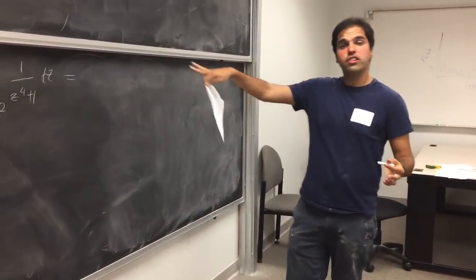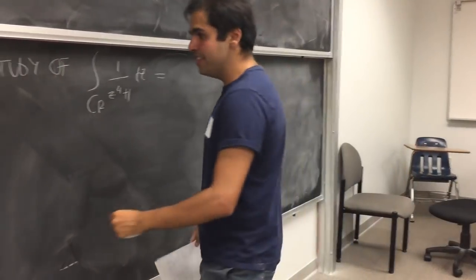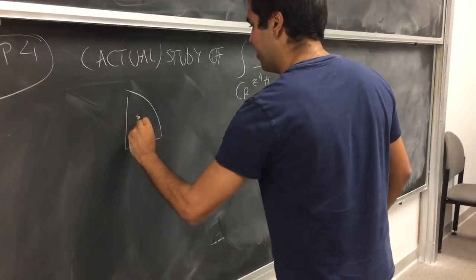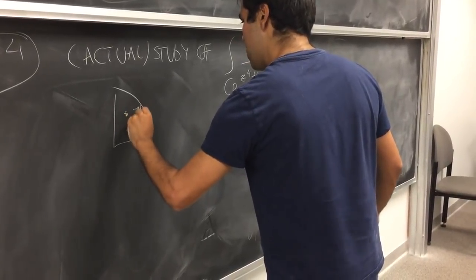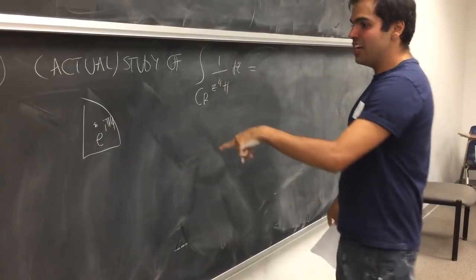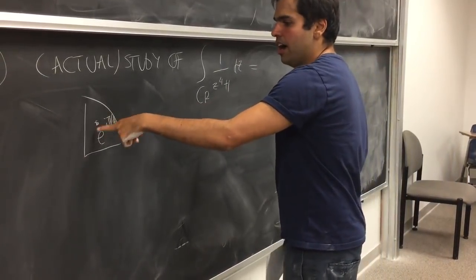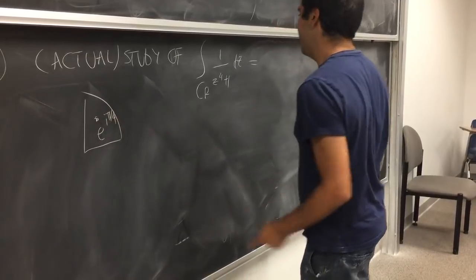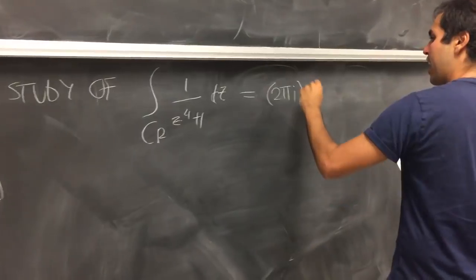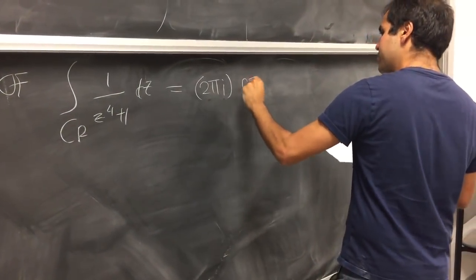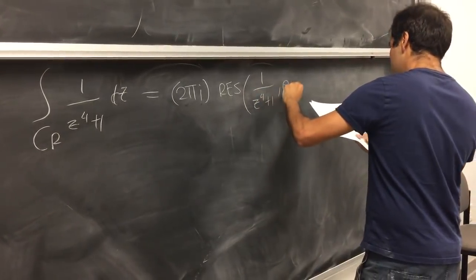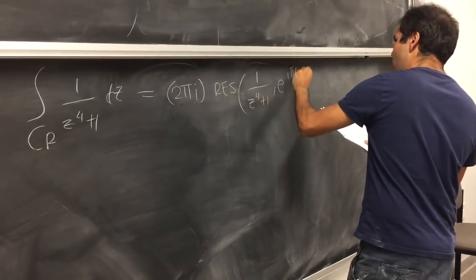As I said, it turns out it's very easy to calculate this. Namely, there's a theorem called Cauchy's theorem that says this integral is basically equal to a factor times the residue at this point. It's equal to 2 pi i times the residue of 1 over z to the 4th plus 1 at e to the i pi over 4.